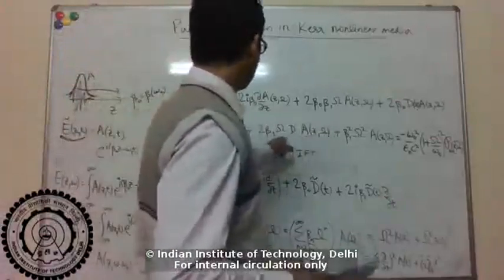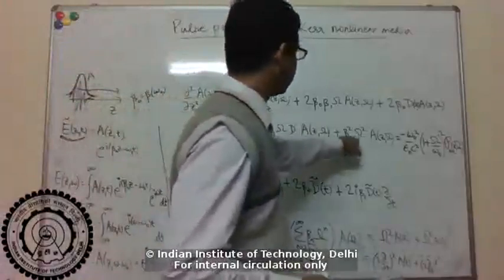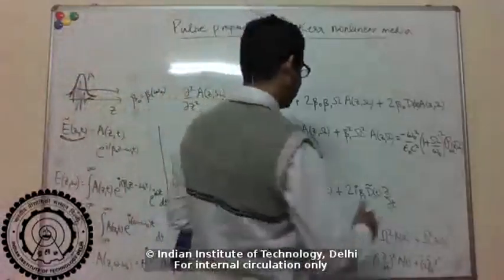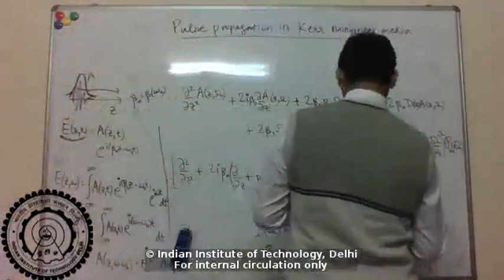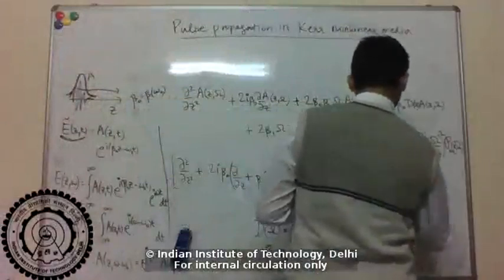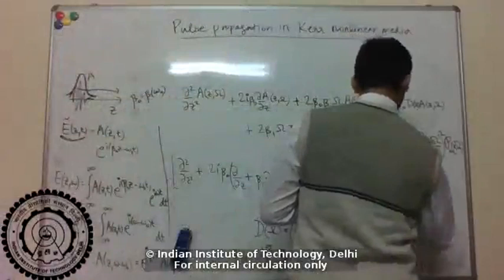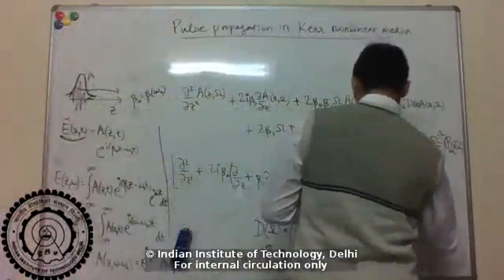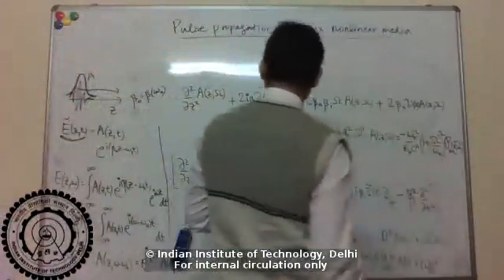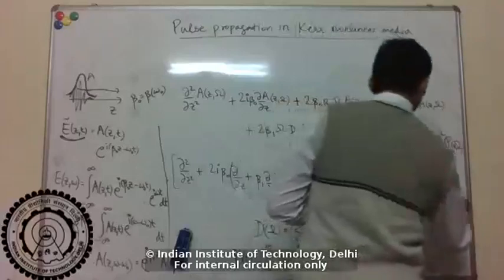We got to here, and then the last term is omega squared, so that's a double derivative in time, minus beta 1 squared d by dt squared. All of this operates on A_z of t now.